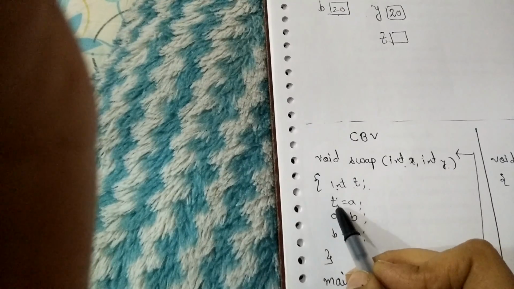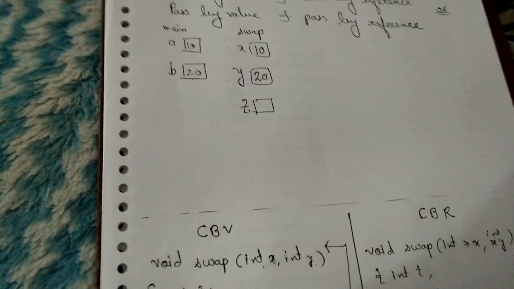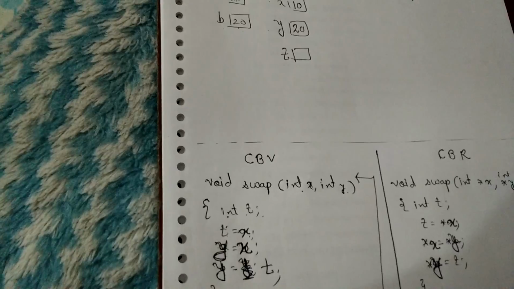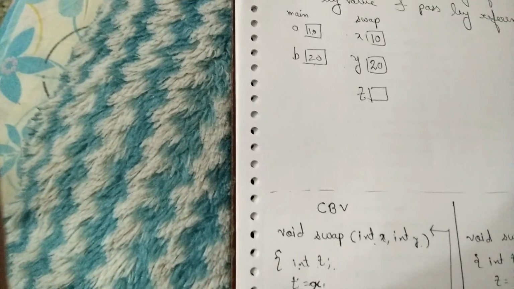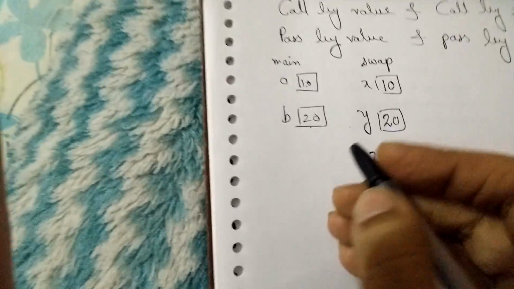Now we have one extra variable t in the swap function. Then t equals x. Whatever the value of x is will be copied to the temporary variable t, so the value of t becomes 10.